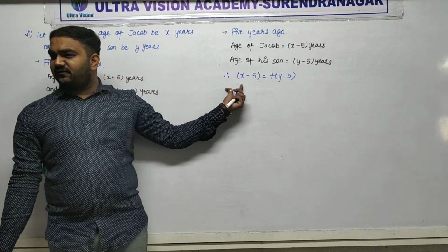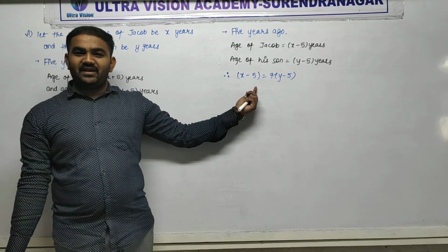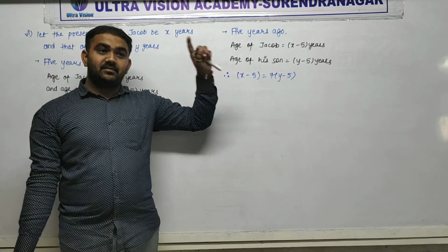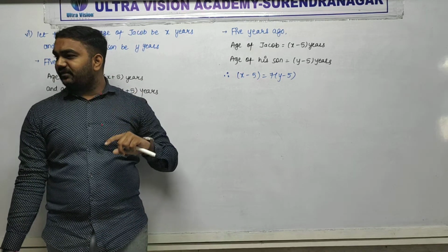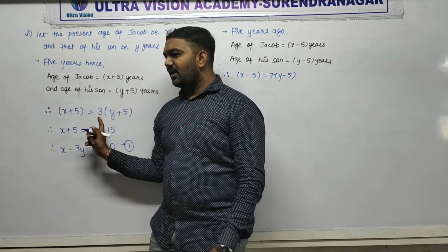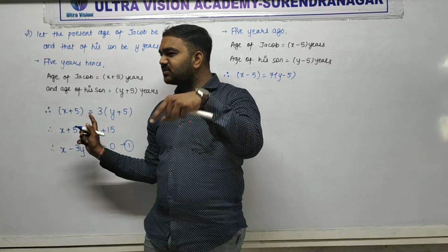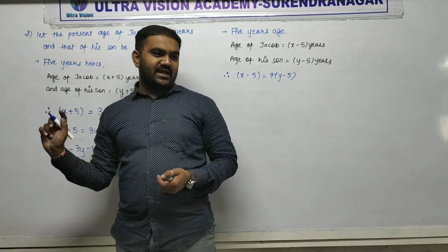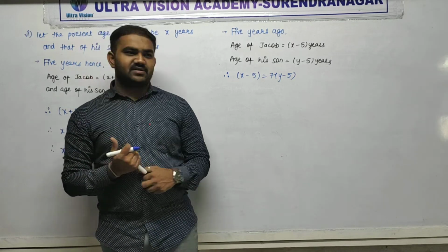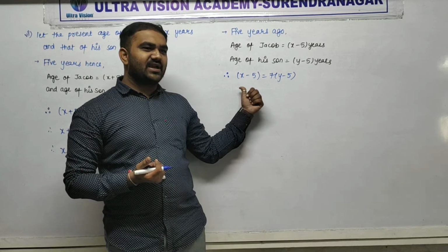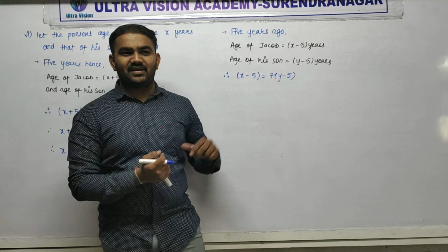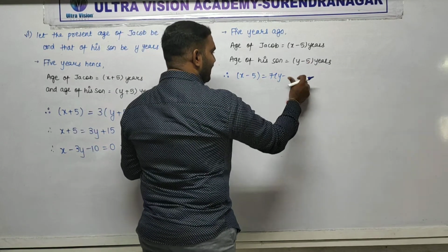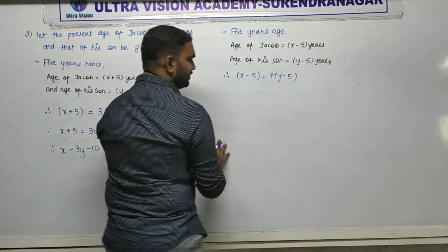Yes. So age of Jacob is simply 7 times the age of his son. But when? Before 5 years. This was after 5 years. એટલે 5 વર્ષ પછીની વાત કરતા હતા. 5 વર્ષ પછી એની એજ 3 ગણી હશે. જેકબની એજ એની સનની એજ કરતા 3 ગણી હશે. આ કન્ડિશનમાં શું છે જેકબ એજ એના સનની એજ કરતા 7 ટાઈમ્સ છે એટલે અહીંયા y minus 5 થઈ જશે.